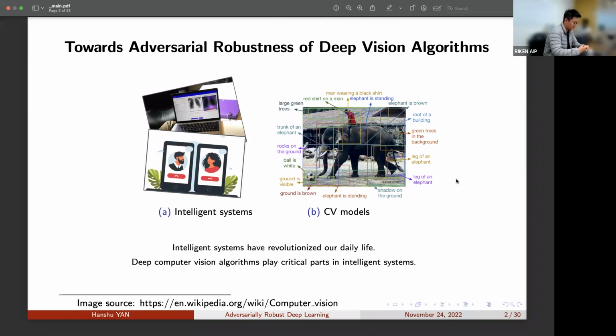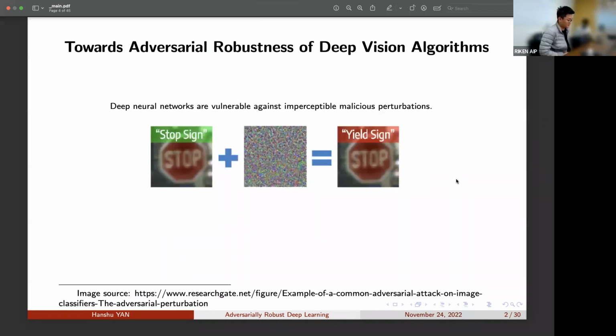As we know, intelligent systems have changed our daily lives. For example, they facilitate daily communication between friends and family, and they also help doctors make diagnoses about diseases. Among these intelligent systems, deep algorithms play a critical part, such as detection or classification algorithms. But as we all know, deep neural networks are very vulnerable to imperceptible malicious perturbations. Here is an example.